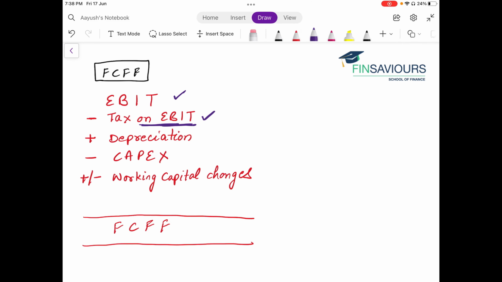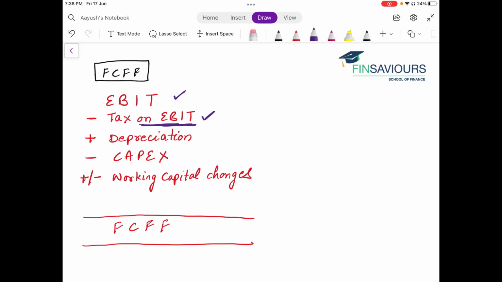Then you add back depreciation. Why? All of you might be aware of this, that it's a non-cash item. Absolutely correct. It is a non-cash item, and that is the reason why I have added it back. Because I am computing cash flows, so I have to remove the non-cash items. Minus capex. Why? Because remember what we are computing.